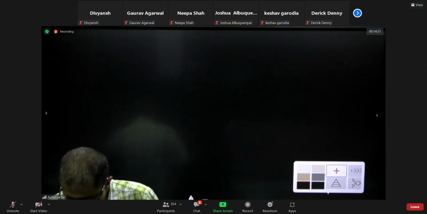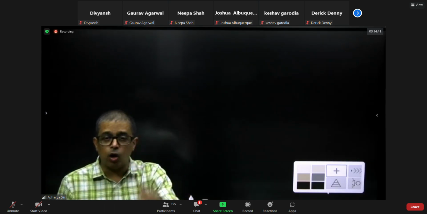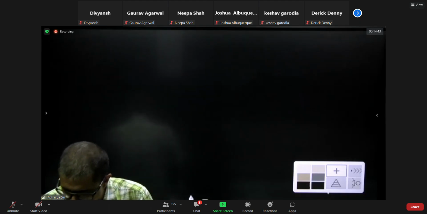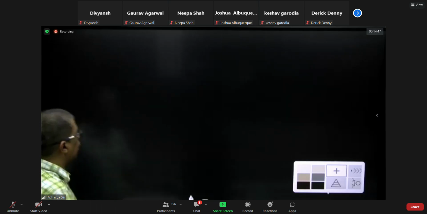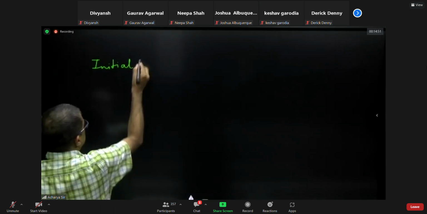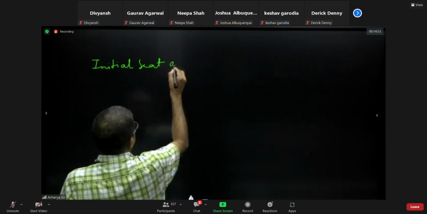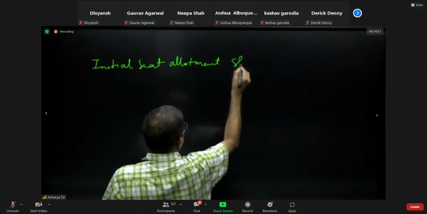Now, coming to the second, once you have filled up your options and they have allotted the seats, they will generate what they call as initial seat allotment slip.